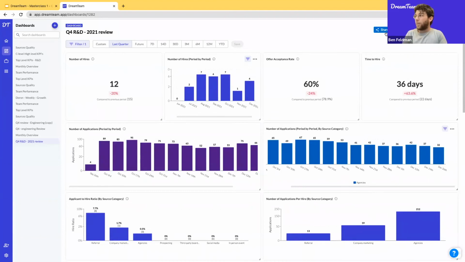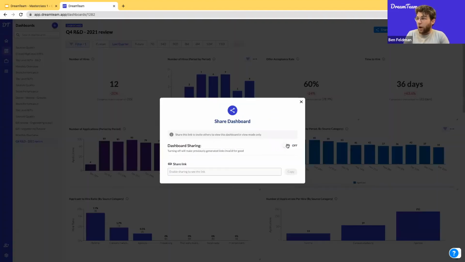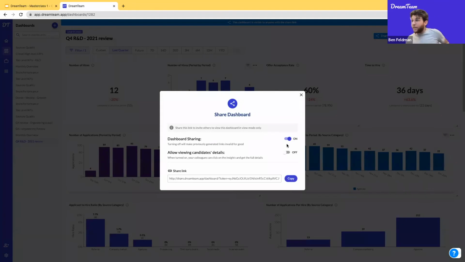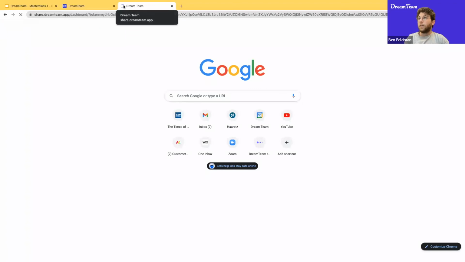We have share at the top here. If you click on share, what this can do is open up a link that you can share with anyone externally. So what I can do is copy this link and I can see it anywhere else. I just want to show you quickly what this will actually look like.